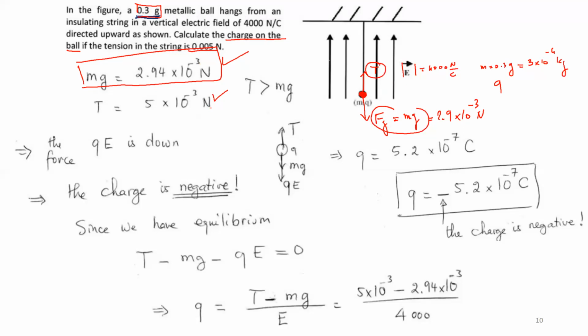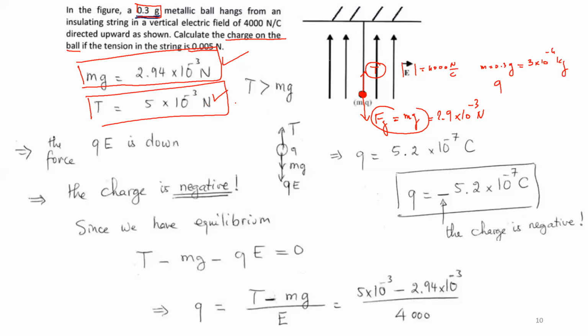Here, yes, I made a mistake there. Actually, the tension force is bigger than the gravitational force. Yes, that's what I'm saying. Tension force is bigger than the gravitational force.